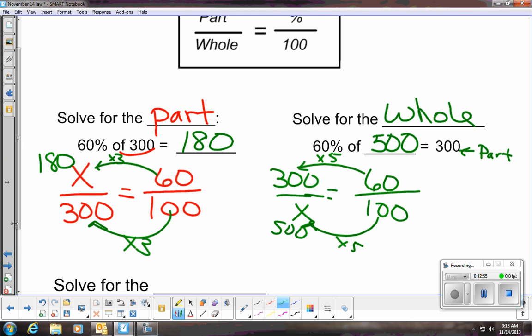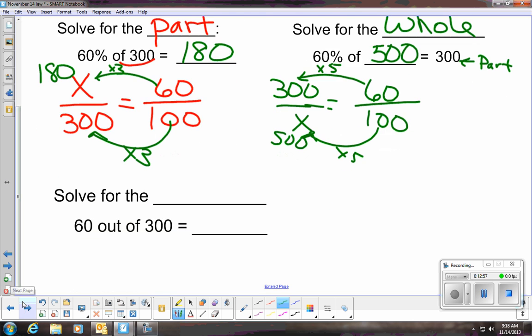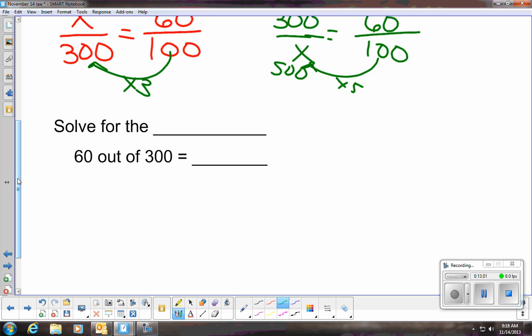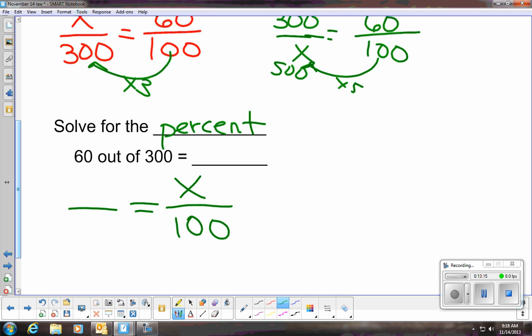And the third one. And don't just think of it because we haven't done this one yet. But look, what are we missing? There's no percent sign. There's no percent. Remember, it may not always have the sign. It might say the word percent. So setting up our equation. This time we don't know the percent, so the X is going to go in the percent spot. And if you don't remember, look at the chart at the top of the page. 60 out of 300.